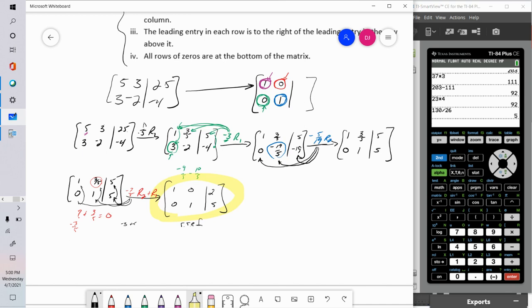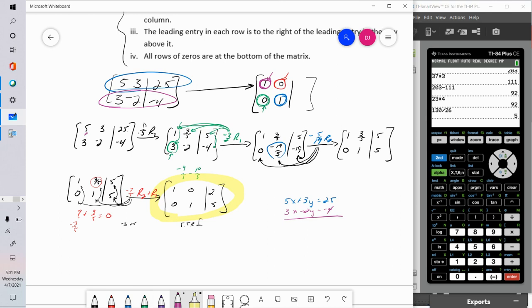Now I ran out of space and it runs on to the next page, but the next thing we do is we find and state the solutions. If you remember, this top row, 5, 3, 25, was 5x plus 3y equals 25. That's what the top row represents. This bottom row represents the equation 3x minus 2y equals negative 4, because that was my original system.